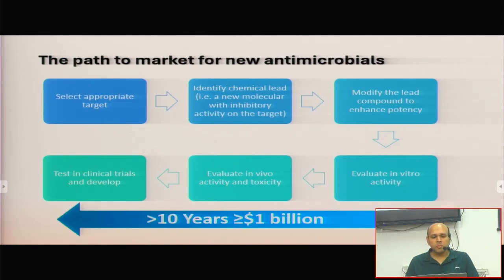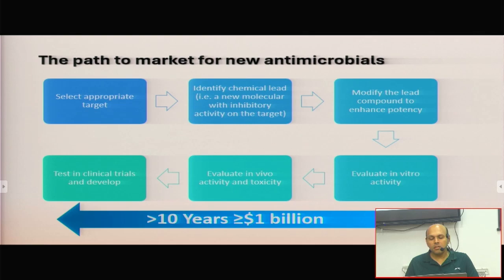And you know this picture already from the previous session, where you need to find an appropriate target, identify a chemical or a lead molecule which has inhibitory potential, modify the lead compound as necessary to enhance the potency, evaluate in vitro activity.